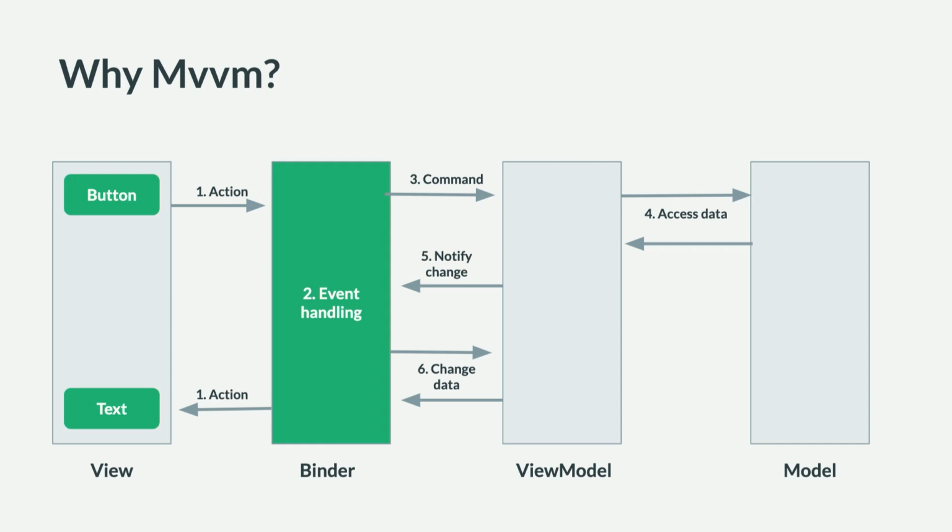The binder is basically where all the magic happens. It takes care of everything between the view and the view model. When you press a button on the screen, it will send out a command to the view model, which gets picked up there automatically. You do some processing there, get some data from the internet, trigger a change, and the view will actually update to that change. So it's a really nice way to separate your concerns between the view and the view model.